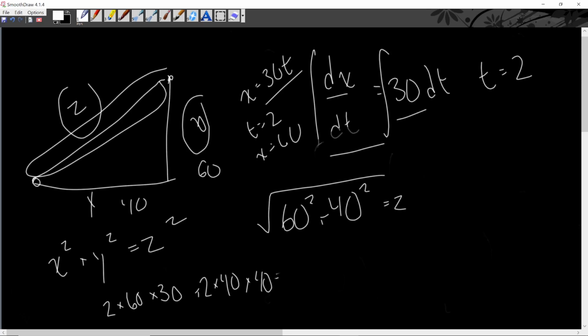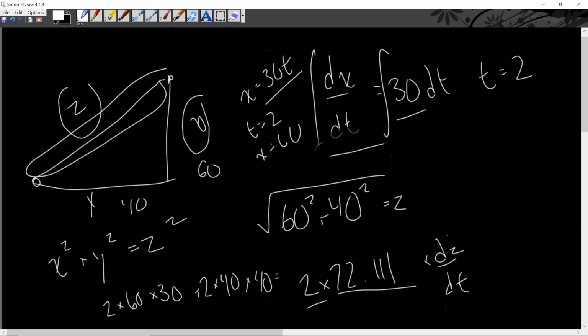Okay, I do have a calculator. So we have the square root of 60 squared plus 40 squared. That would be 72.111. 2 times 72.111, 2 times z times dz/dt, which is what we're trying to find, right?